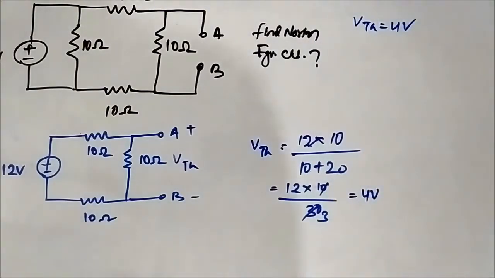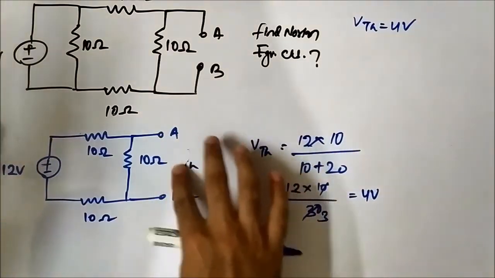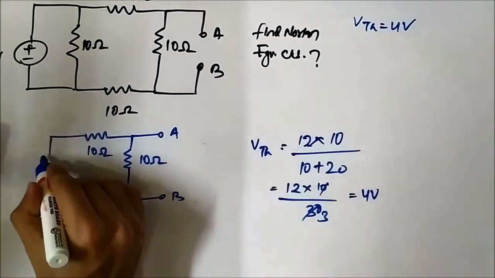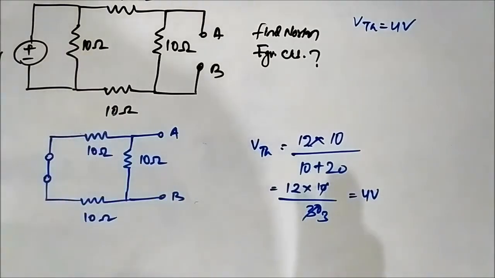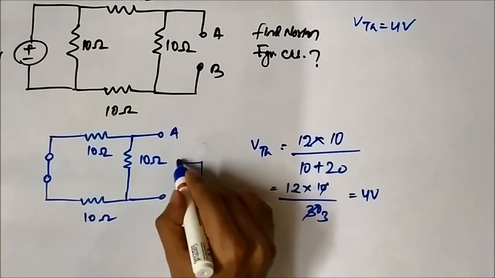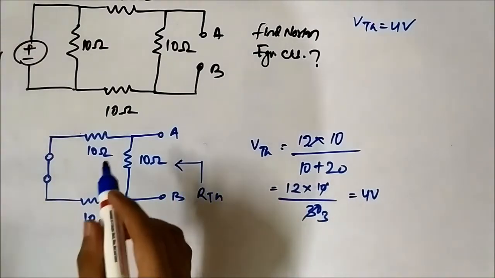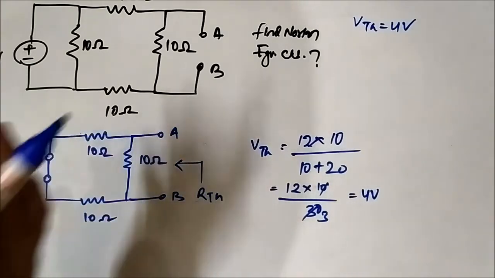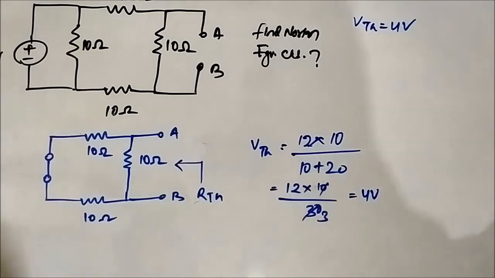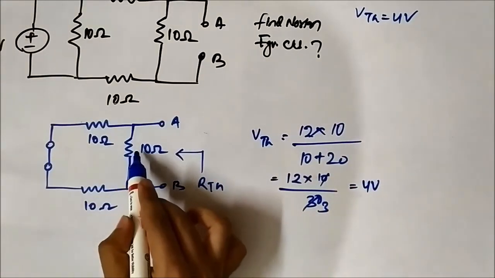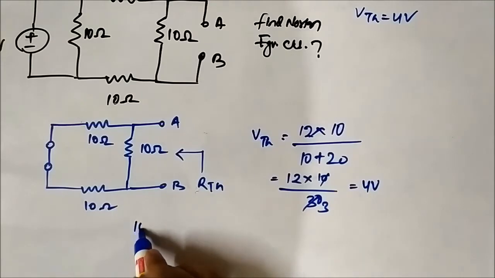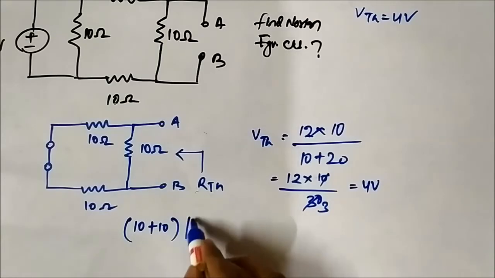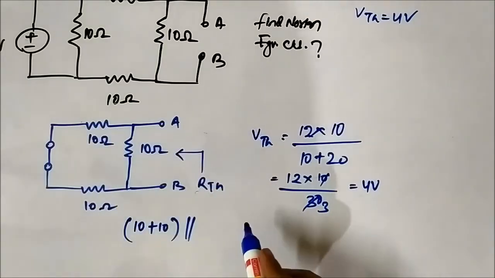Now we have to find RTH. For that, we will short circuit this independent voltage source, and now RTH. Here again, these two 10 ohms will be in series. They will form a single 20 ohm resistor, which will be in parallel with this 10 ohm resistor. The resultant is in parallel with this 10 ohm resistor.